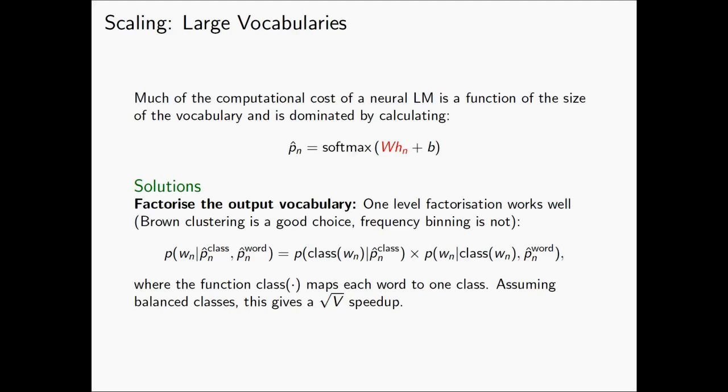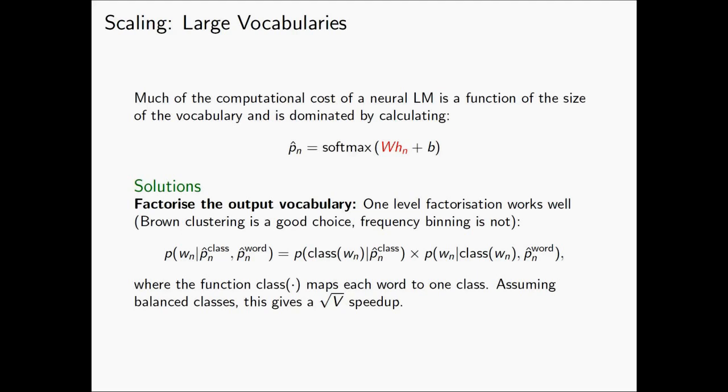It essentially gives us a quadratic speedup. If we choose our classes carefully, and a good choice for the number is the square root of the size of the vocabulary, then rather than V computations in our softmax, we're going to have 2 square root V. That's good.